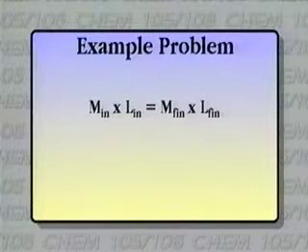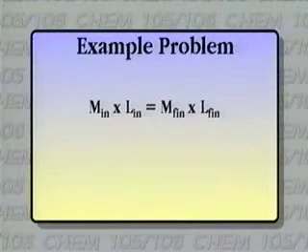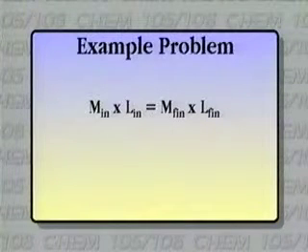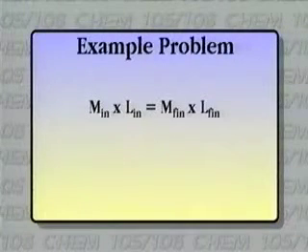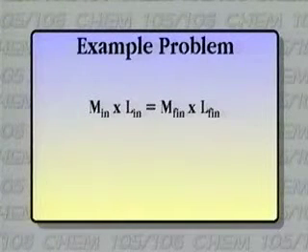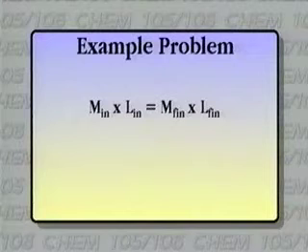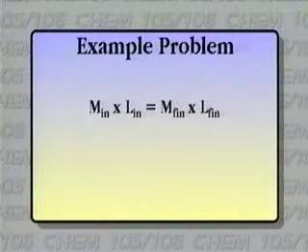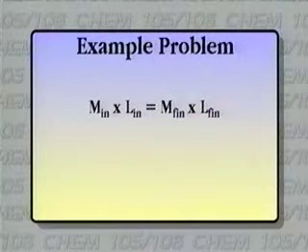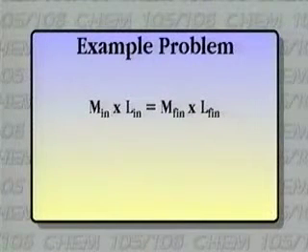We said molarity initial times liters initial equals molarity final times liters final. But we can modify that a little bit, because as long as we do the same thing to each side of the equation, we won't change it any.